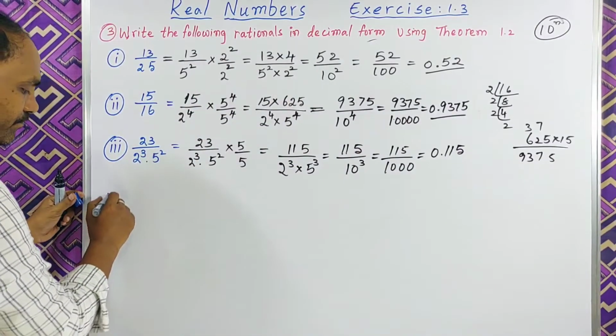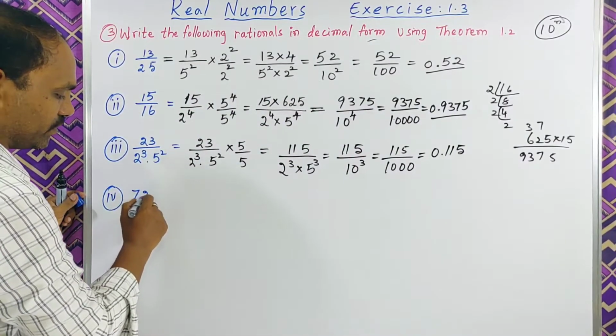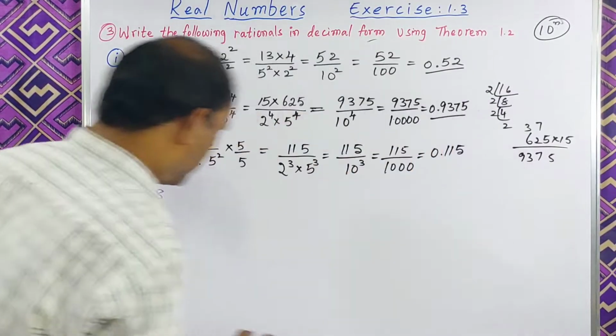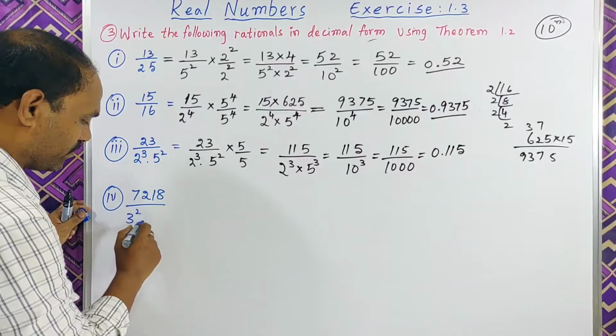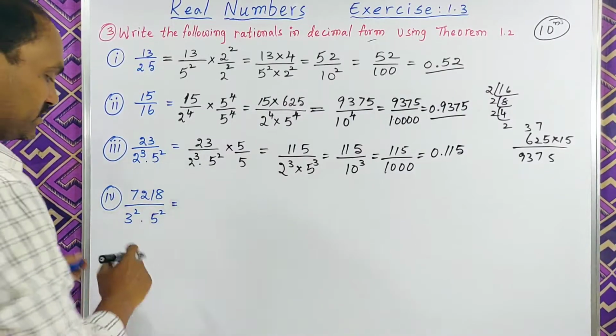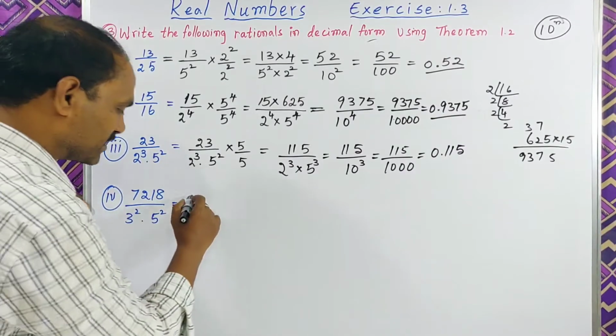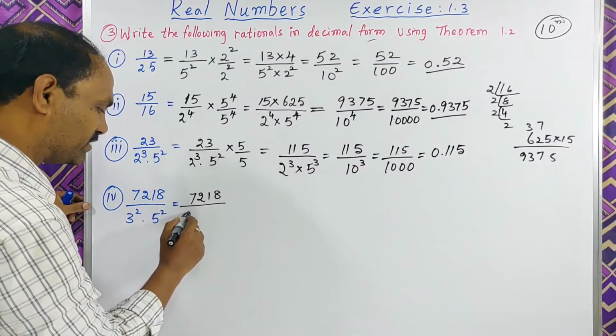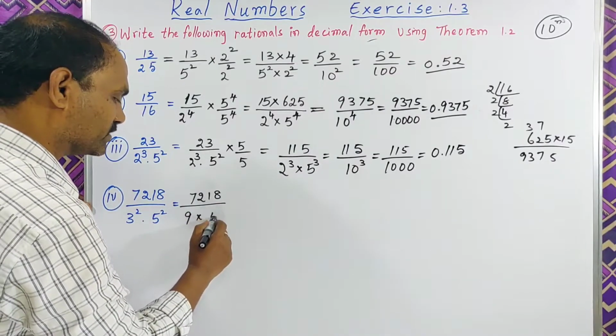7218 by 3 square into 5 square. First we should simplify this one. 3 square means 9, so 9 into 5 square.